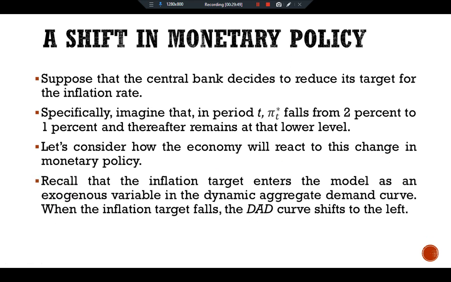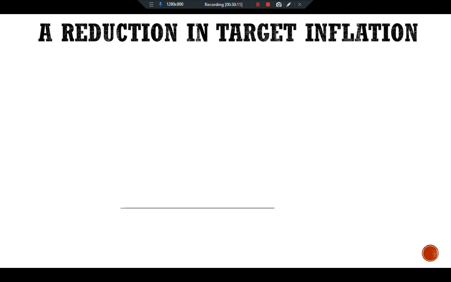Recall that the inflation target enters the model as an exogenous variable in the dynamic aggregate demand curve. When the inflation target falls, the dynamic aggregate demand curve shifts. So let's see a graphical presentation for this purpose. We have a reduction in target inflation.